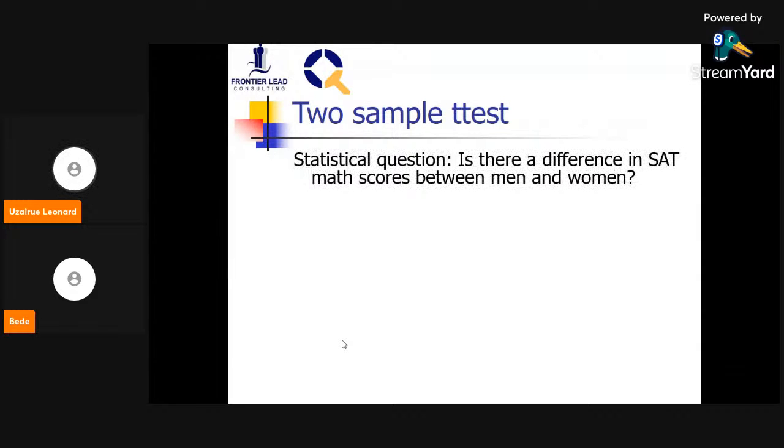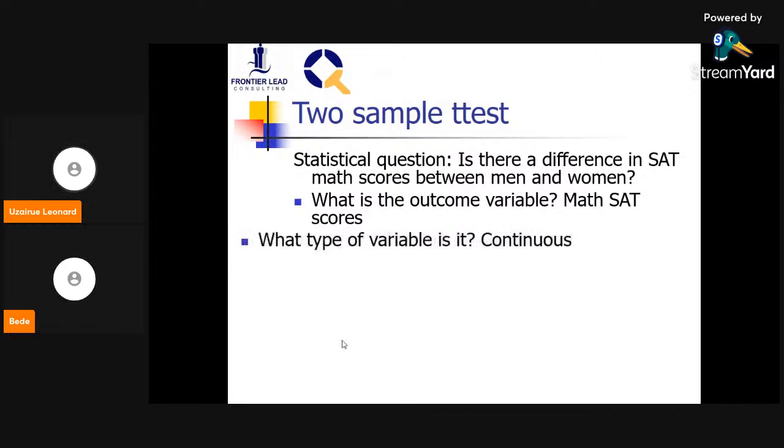Now, for us to know whether we agree with the author's conclusion, we'll do the next thing. You need to ask yourself the questions I said you should always ask. Is there a difference in math start score between the male and female? What is the outcome variable? The outcome variable here is the math start score. What type of variable are we looking at?